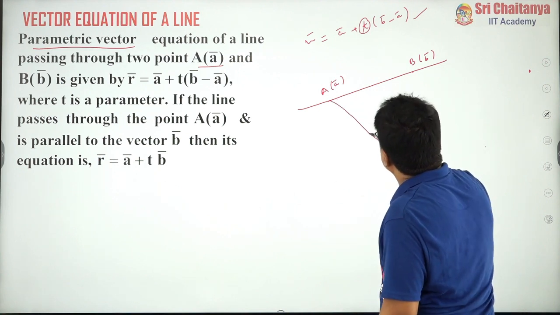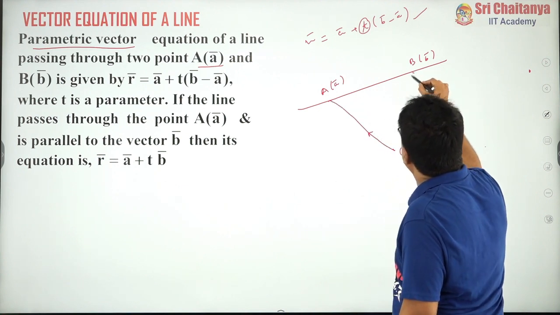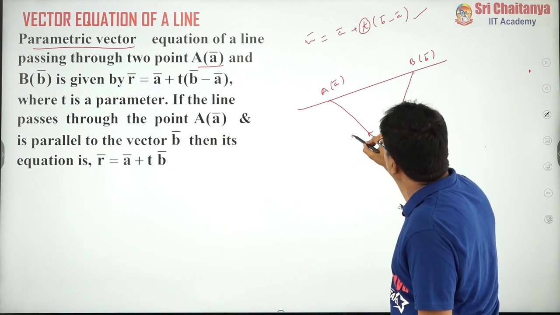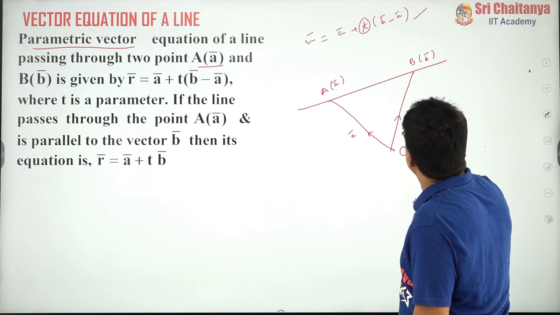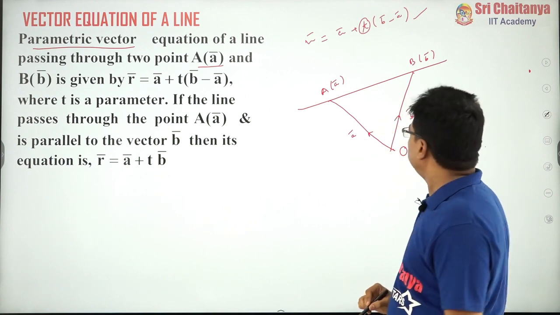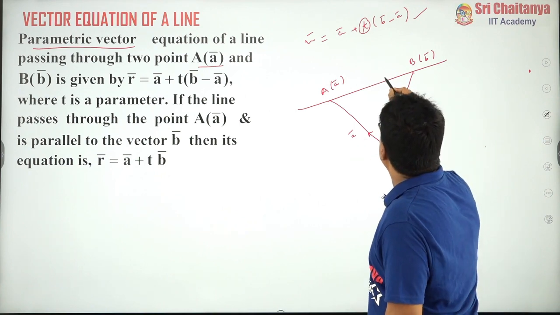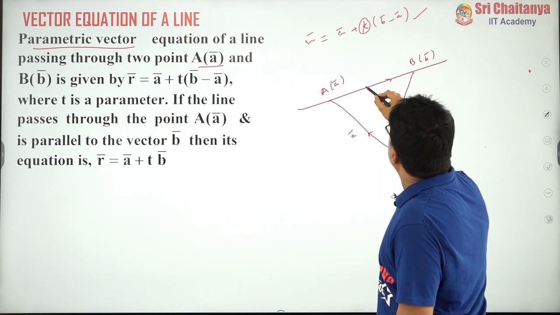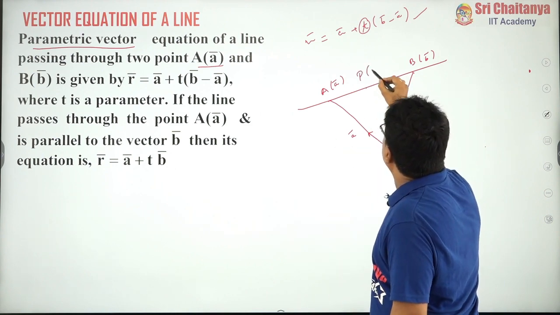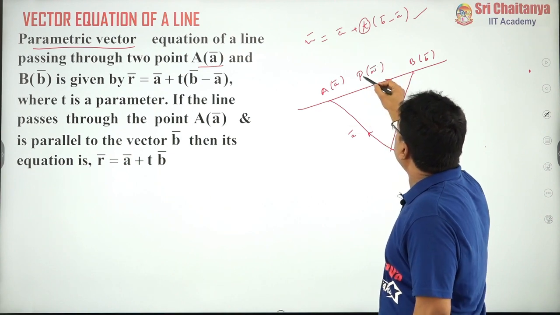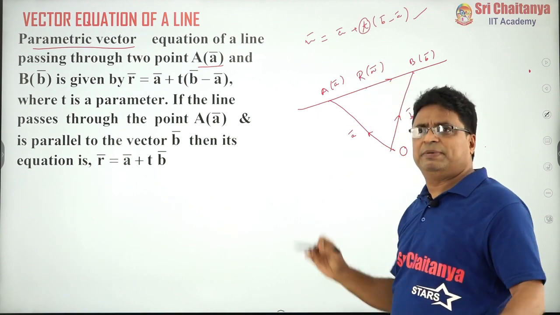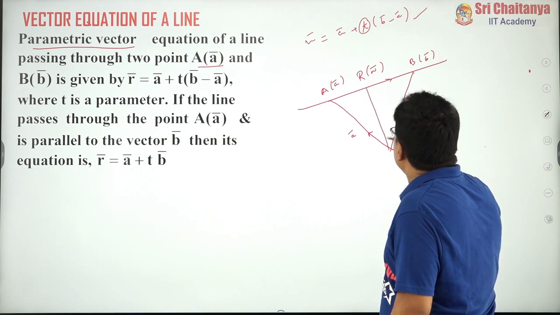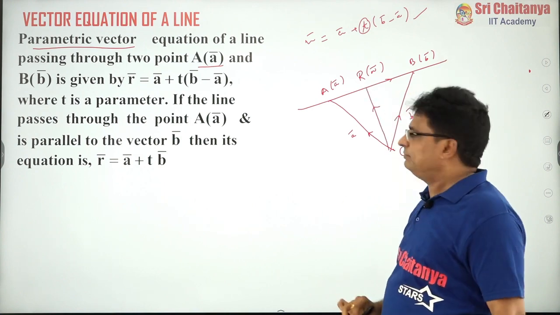Then OA bar becomes the position vector of the point A, and OB bar becomes the position vector of the point B. So, this is nothing but A bar, and this is nothing but B bar. Okay, my friends? This is vector AB bar. Say for example, capital R bar, whatever it may be, is any point on the line. Then the position vector of R bar I am going to find.